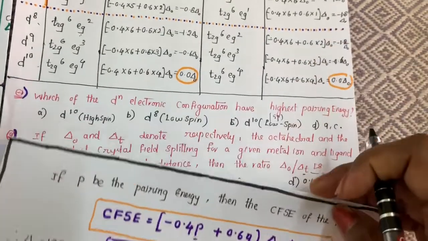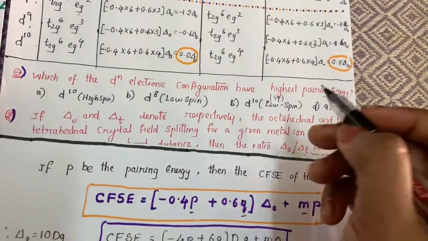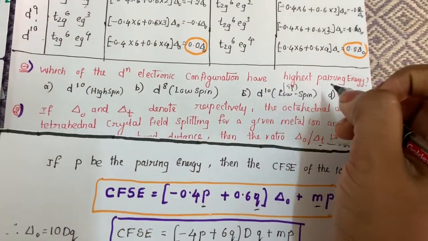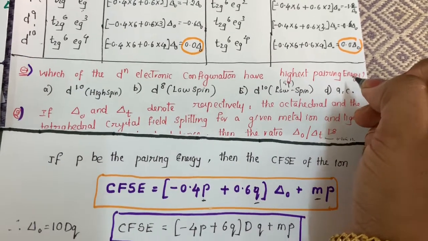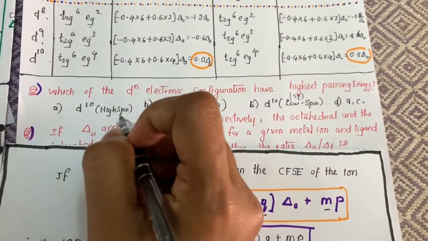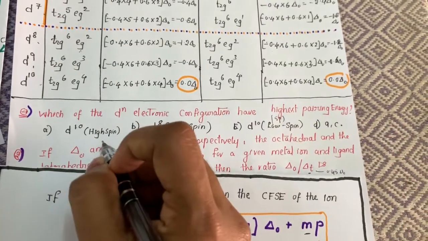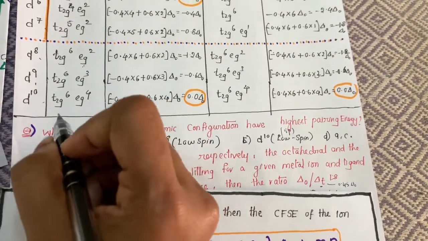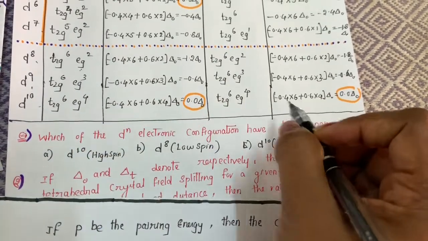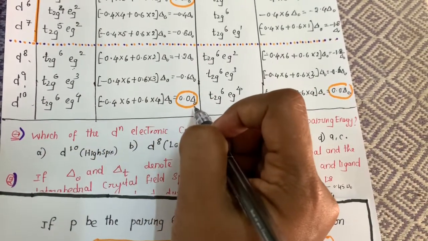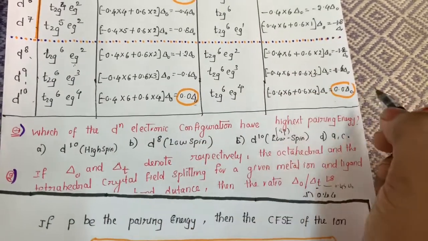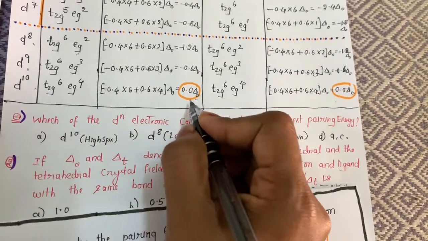So let us look at the question here. They are asking which configuration has the highest pairing energy. First they have given d10 high spin, d8 low spin, d10 low spin. Let us look at d10 high spin. As I said earlier, for d10 low spin and high spin, the delta O value is the same, 0, right? And this is 0.